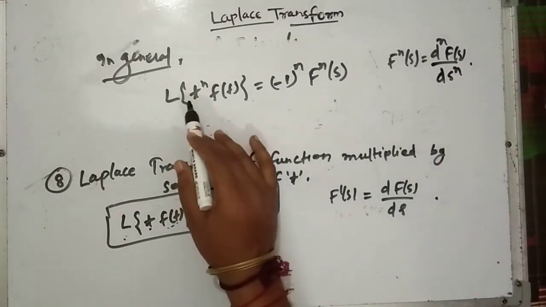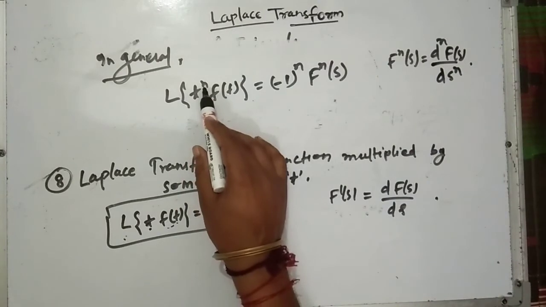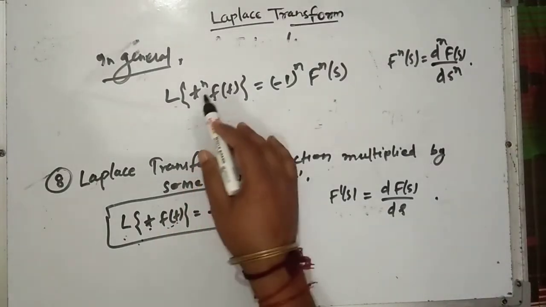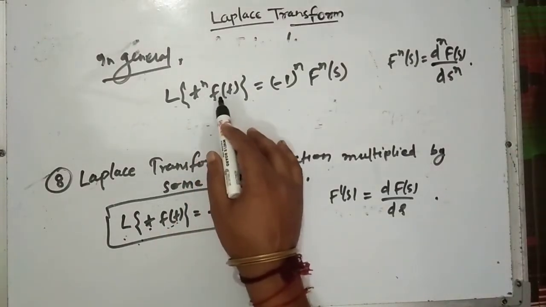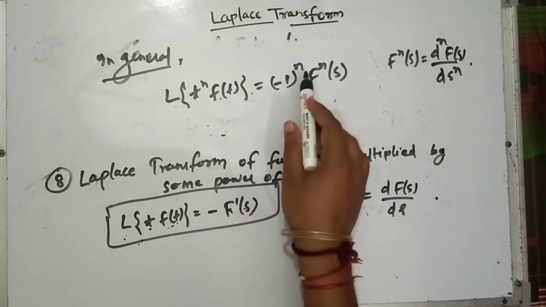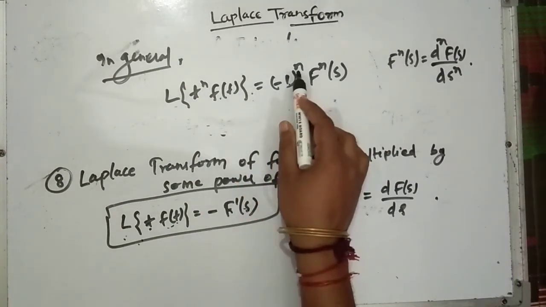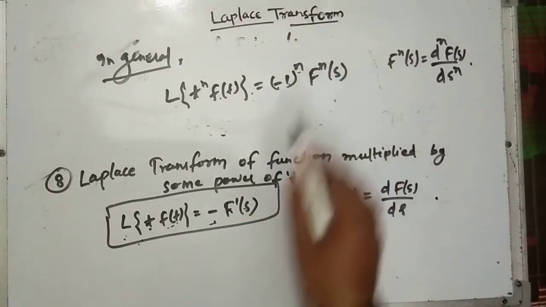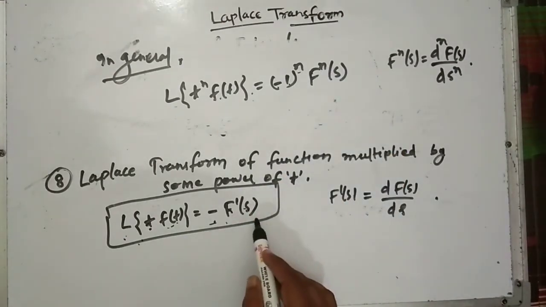So if you put here, in place of n, 1, you just get this. Laplace transform of t f(t) is equal to, just put here 1, then minus 1 to the power 1 equals minus, and here 1, so F dash s. One time derivative.